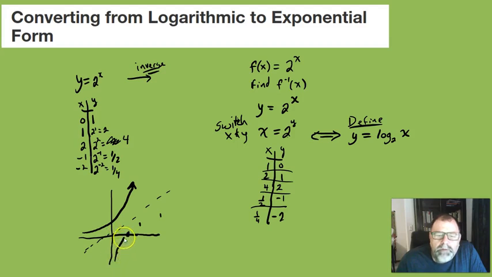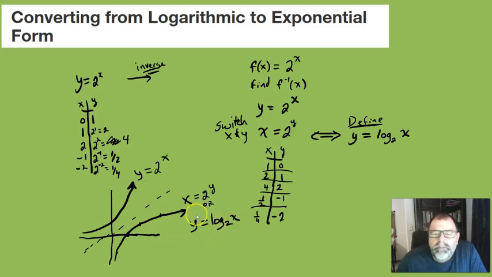So our inverse function, so this is y equals 2 to the x. This one is x equals 2 to the y, or y equals log base 2 of x. So that's the log function.